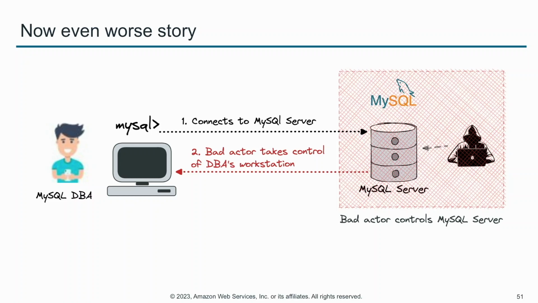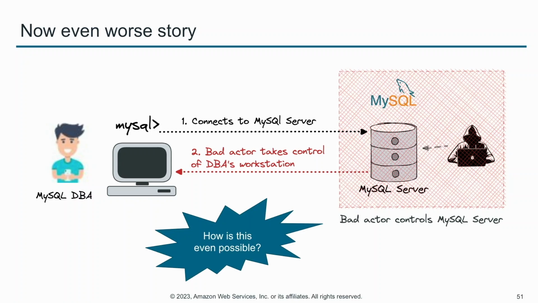The server is owned by our bad actor, and the bad actor will start controlling the database administrator workstation. I mean, it can be any client, actually. It can be a web server, it can be a MySQL DBA, it can be another system that connects to the MySQL, like a monitoring system.